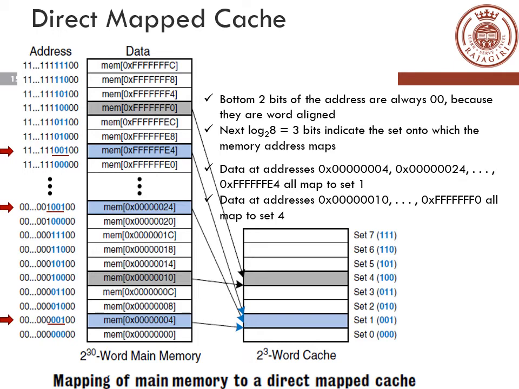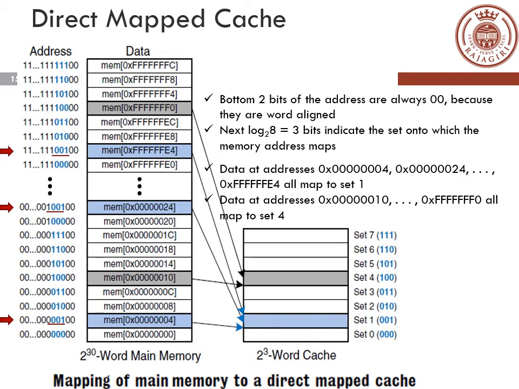Now you can see in the main memory, if you're considering the set 001, the main memory location 004 is given in the blue block. Similarly, if you go up, you can see the memory location 024.